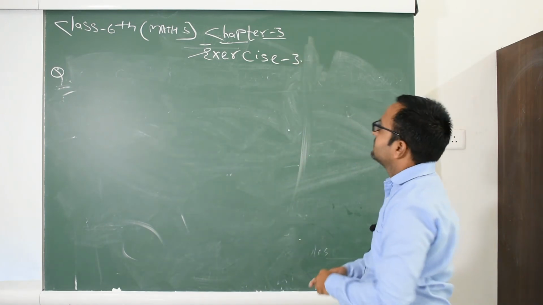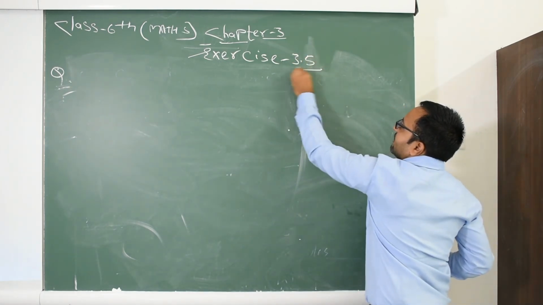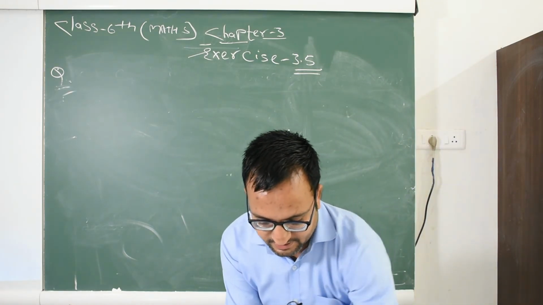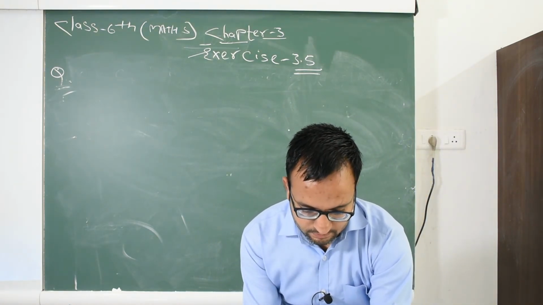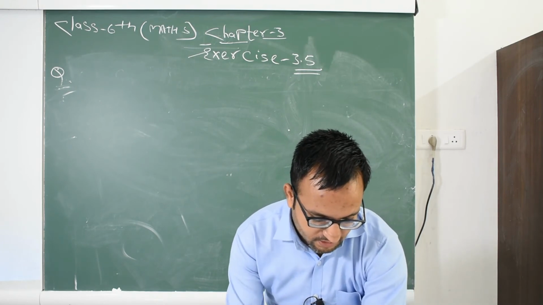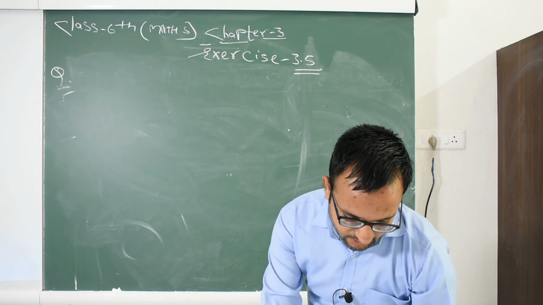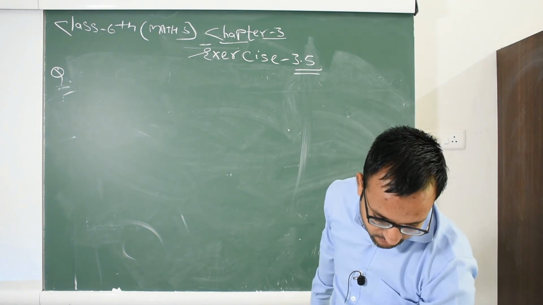Exercise 3.5. We take a basic question of this exercise. Question number 2: here are two different factor trees of 60.